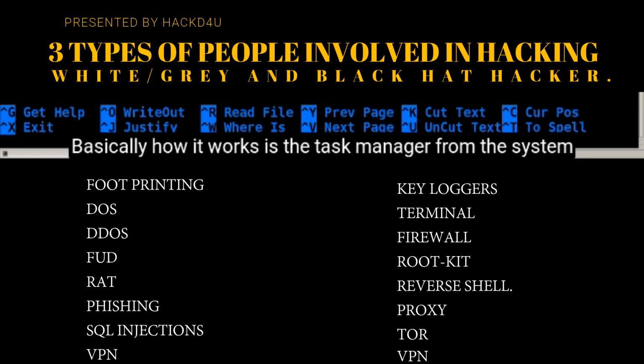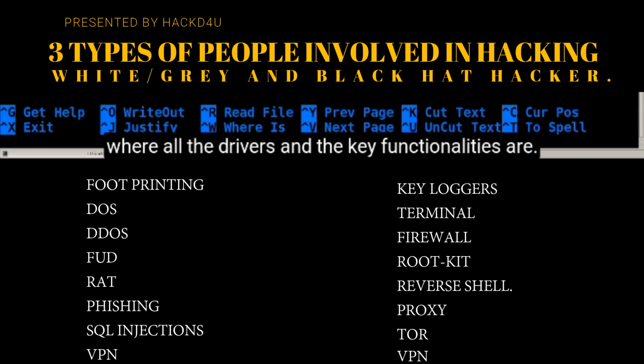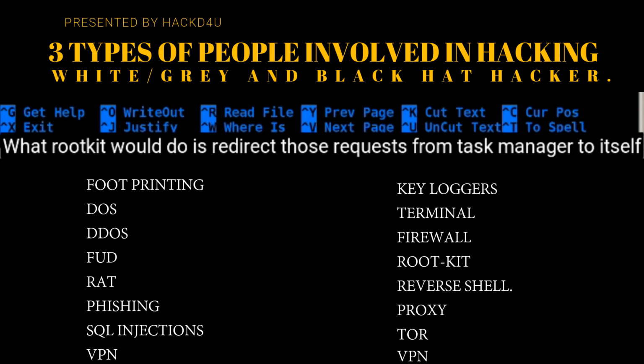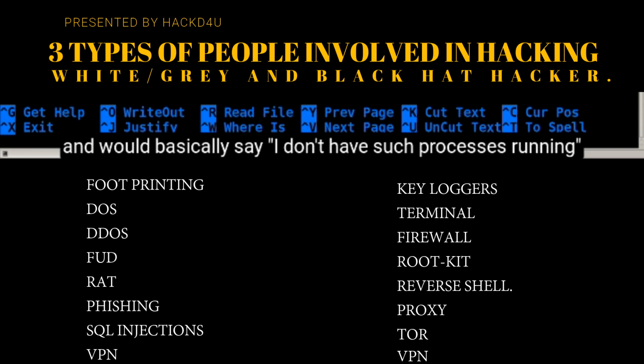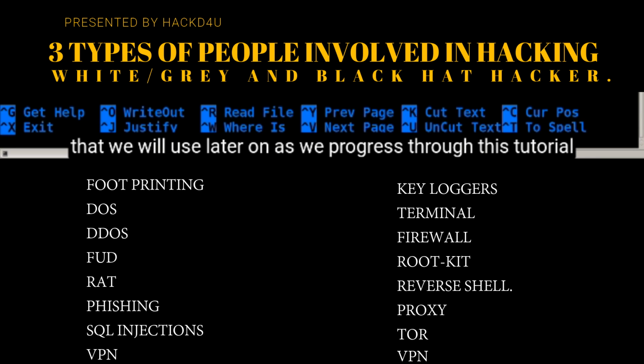Basically, how it works is that the task manager requests information from the kernel, which is the core of the system where all the drivers and key functionalities are. The kernel then responds, hey, I have this and this process running, here you go. But what a rootkit would do is redirect those requests from the task manager to itself, and basically say, I don't have such processes running. So these are very dangerous and potent combinations.